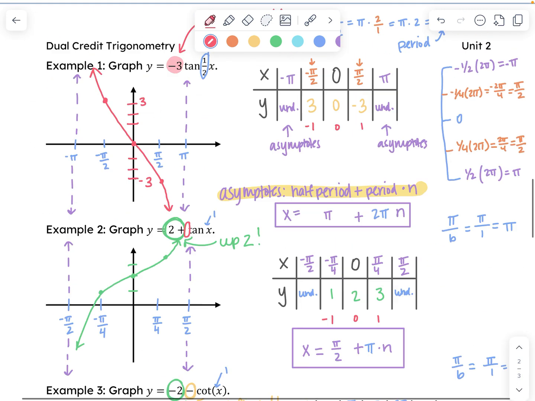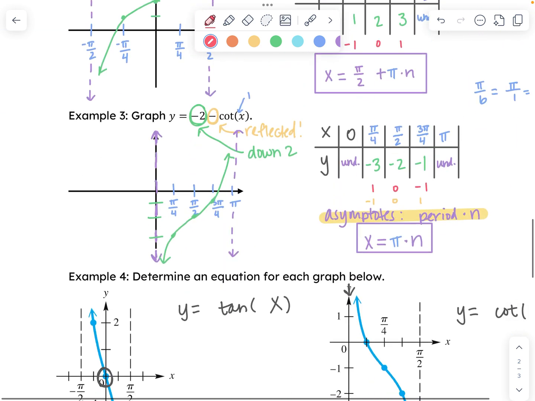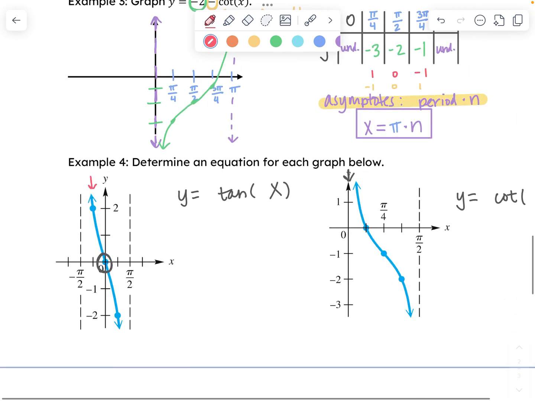So remember, our tangent does normally start in the bottom and go up. A tangent is normally increasing. And this one is starting in the top, so that does mean that it's been reflected. And the point's hitting at 2, so if it's been reflected and hitting at 2, that means I'm going to have a negative 2 in front.